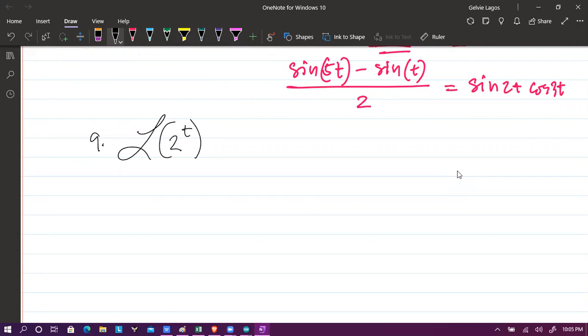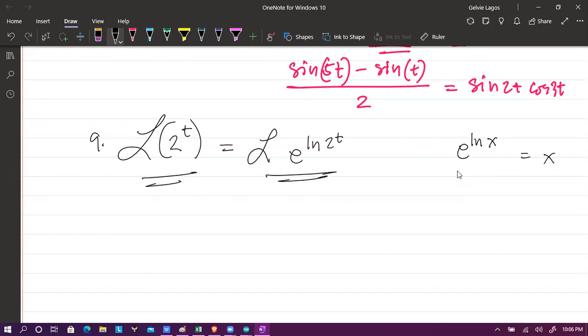Take note, this will become e raised to ln of 2 raised to t, which is the same as this equation. Note that e raised to ln of x is just equal to x. So technically it's the same.